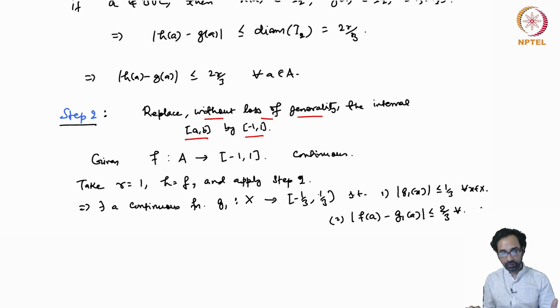That's all we are doing, and then we are taking the constructed function g in step 1 and calling it g1. This is because we are going to use a recursive definition.